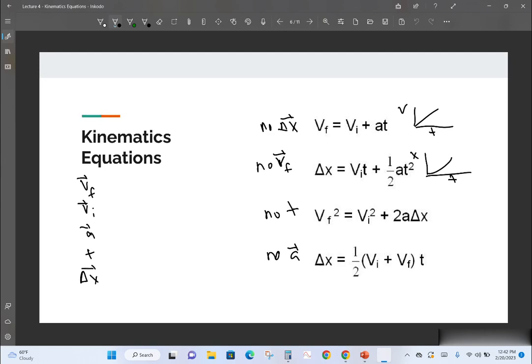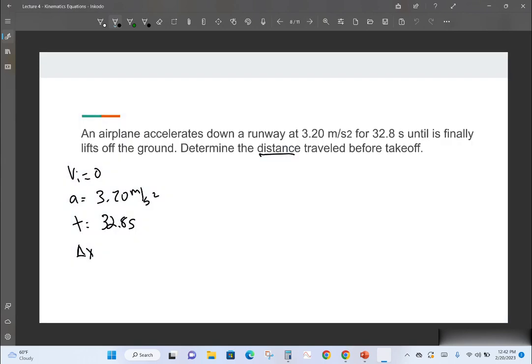But what we don't know is vf. We know nothing about that. So the equation that we want is something that is missing vf, but has all the other four variables in it. And it's the second one. So we want delta x equals vit plus 1/2 at squared.